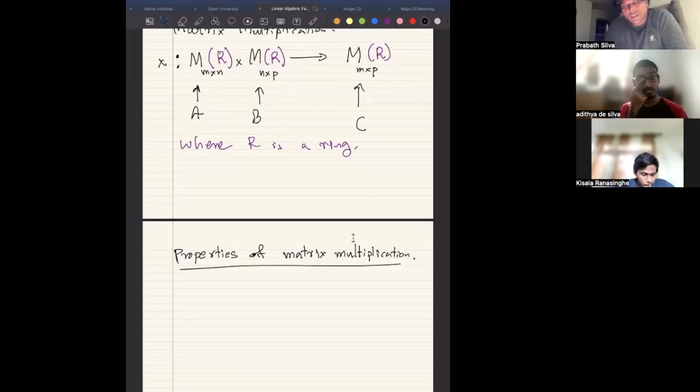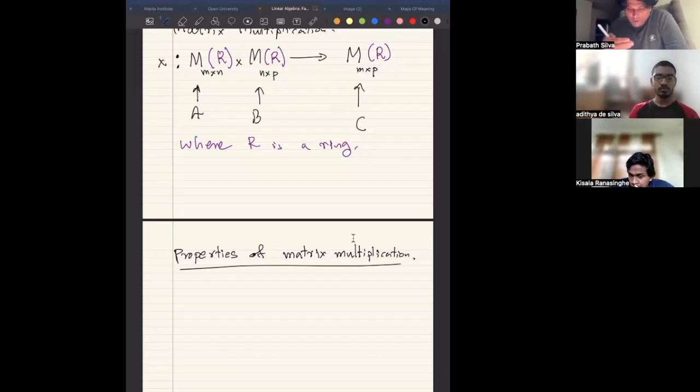So let's look at the properties. Now you have matrices, and you talk about the multiplication. We already have the addition for the coefficients. So matrix addition is also possible, and we have the matrix multiplication.